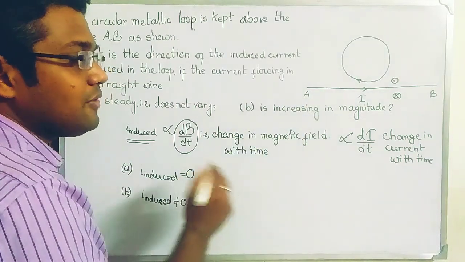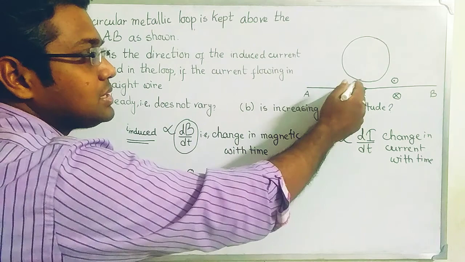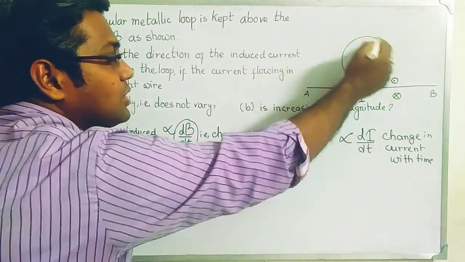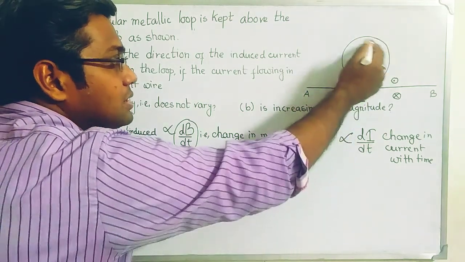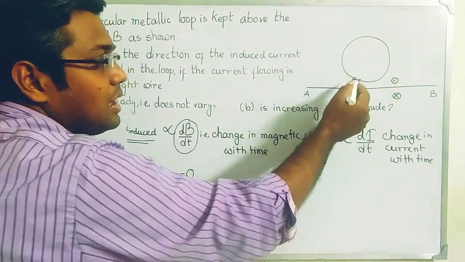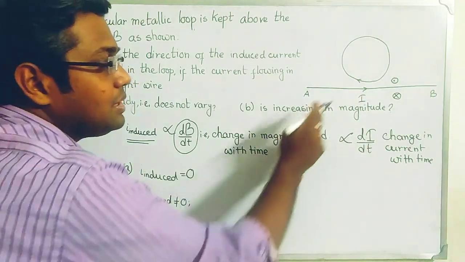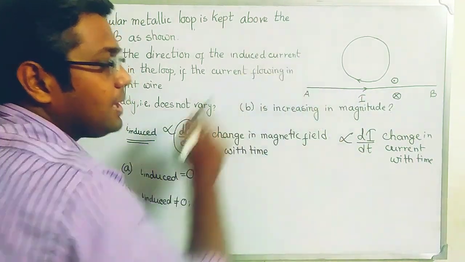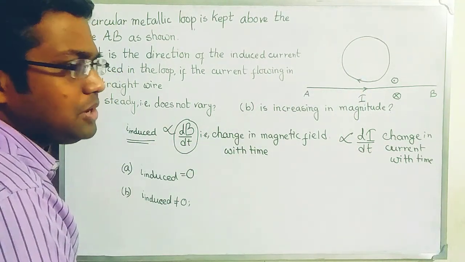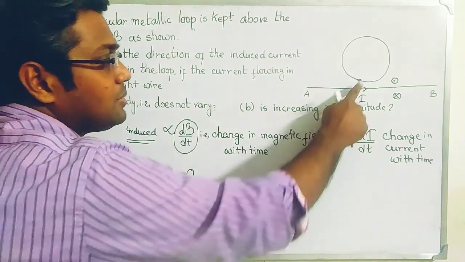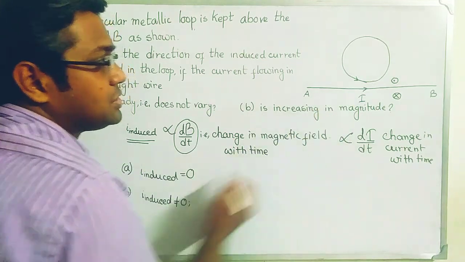Let us check. If I consider the clockwise direction, then the magnetic field at any point on AB is in the upward direction. So it will not be this. The current flow in this wire should not be in this direction, it should be in this direction.